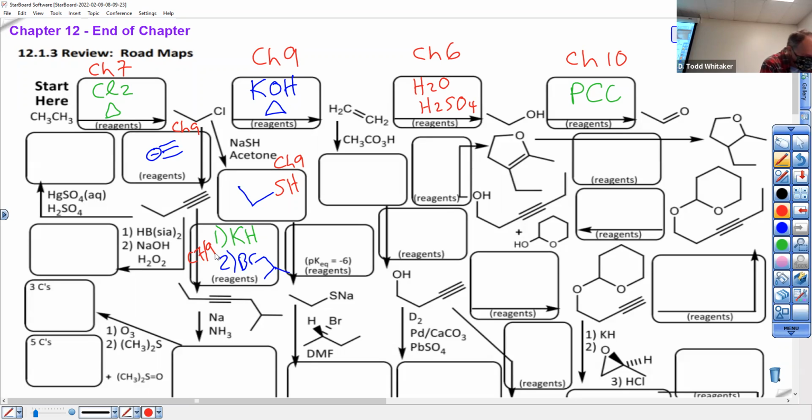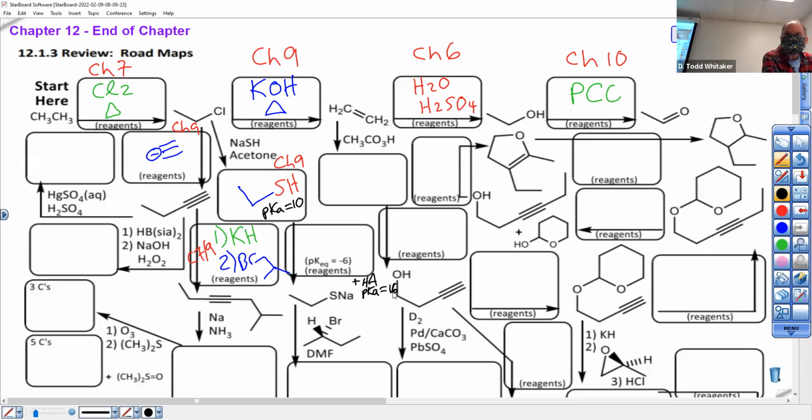All right, and the next one, pKeq is -6. Well, you better know the pKa of a thiol. We've got a lot of review going on here. pKa of a thiol is 10. So we're going to make some acid here, HA, with a pKa equal to 10 minus X equals -6, sorry, X equals 16. 10 minus 16 is the only thing that gives -6.